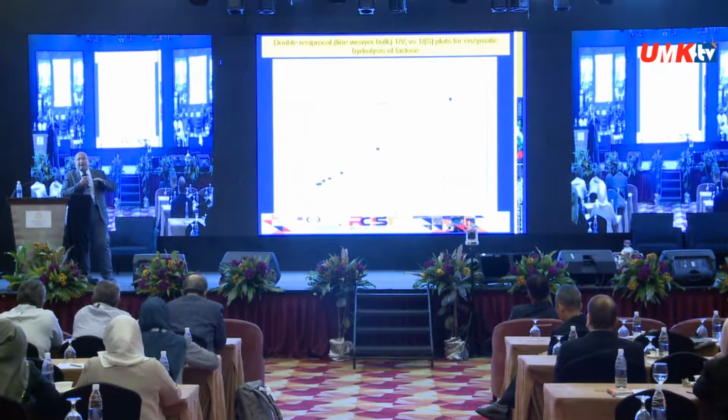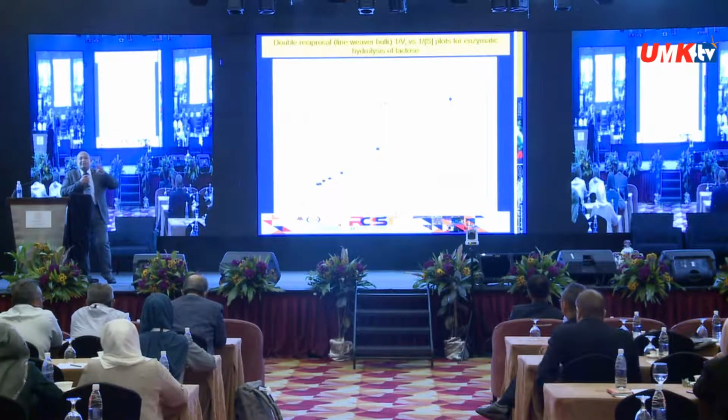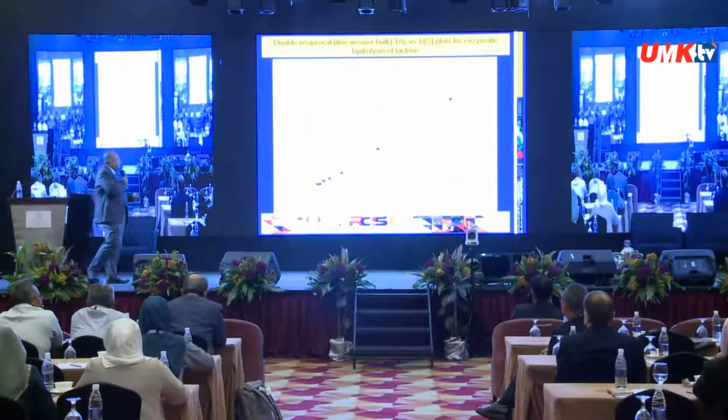Meaning that we need a really high VM with a low KM. That is the objective: when you produce a product, you want more product but use much less material. That is an example.